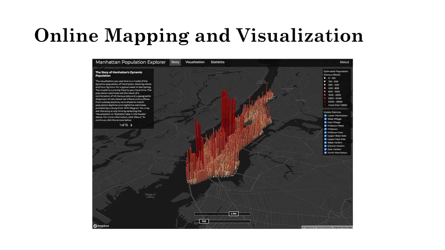But besides that, this is Manhattan, and we can kind of visualize what Manhattan looks like, how tall some of the buildings are. We can kind of get a reference at where Central Park is, where are the tallest buildings located, where are some of the smallest buildings located. We could actually look at where the borders are. Where does Manhattan start and where does Manhattan end? We could see where it is located near water. So there's a lot of uses here with online mapping and visualization.